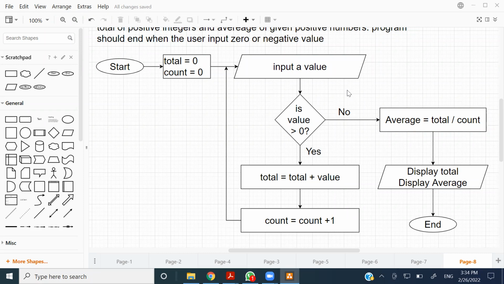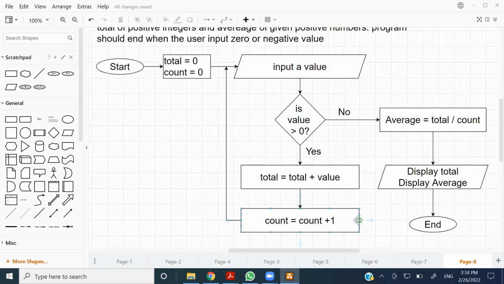Yes, Sasrika, let me go through it. Sasrika, now I'll show you where you have gone wrong. You have drawn the arrow from here, right? So count equal, the totaling is there.